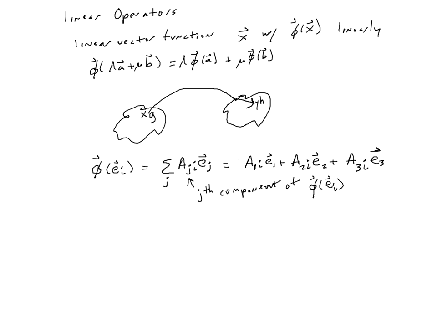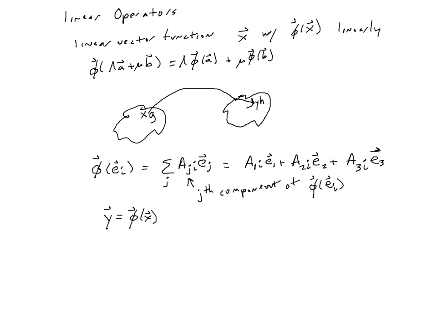Okay, and I know that's a little abstract, but this is one of these things that I'm going to kind of introduce, and then I'm going to go back and it'll become more clear as we move forward. So the idea here then is that if you have, say, a vector y is equal to phi of x.